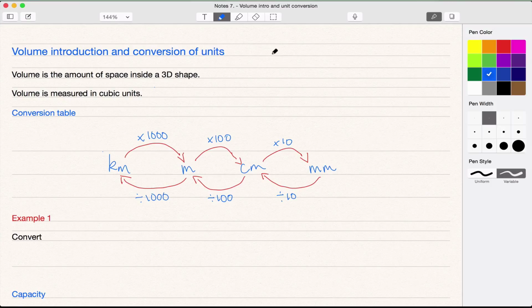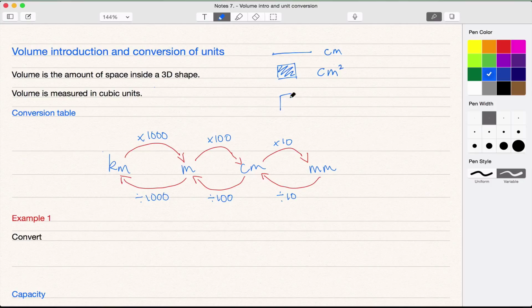So we've previously looked at length, which is just going from one point to another, and that's measured in centimeters, meters, without any square units. We've looked at area, which is the space taken up by a 2D shape, and that's measured in square units.